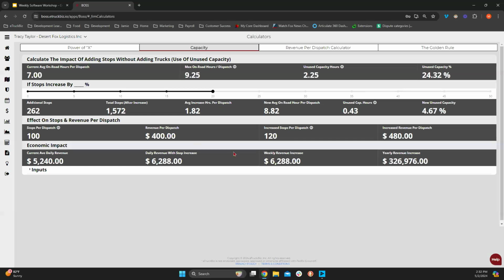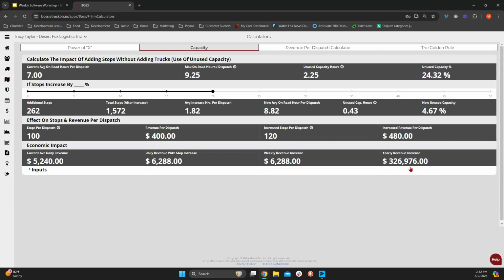This is the yearly revenue increase: if you got this 20% and you never put another extra truck on the road for the entire year, this is how much extra revenue you would make in that year because you didn't send out an extra truck for that stop increase.